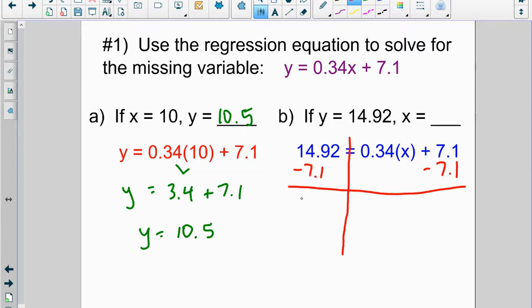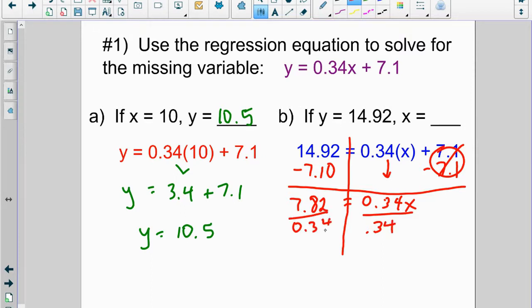And that's going to leave me with 7.82. And I'm going to bring down the 0.34x. And of course, 7.1 minus 7.1 is 0. All right, so now to finish solving for x, we divide by 0.34 on both sides.